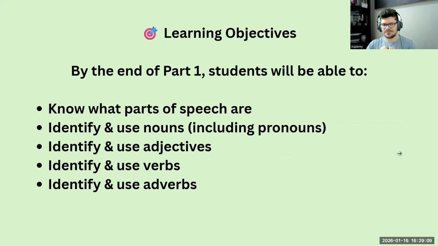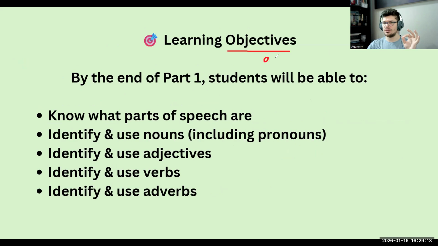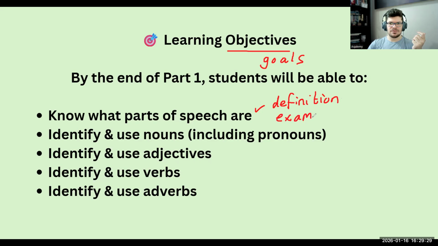Before we start, we must have an objective, like a goal or aim. Our aims are to know what parts of speech are, like the definition or meaning, and also the examples for parts of speech. They are not the same.